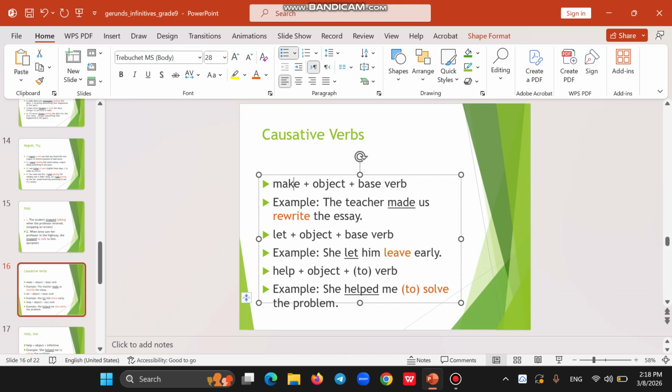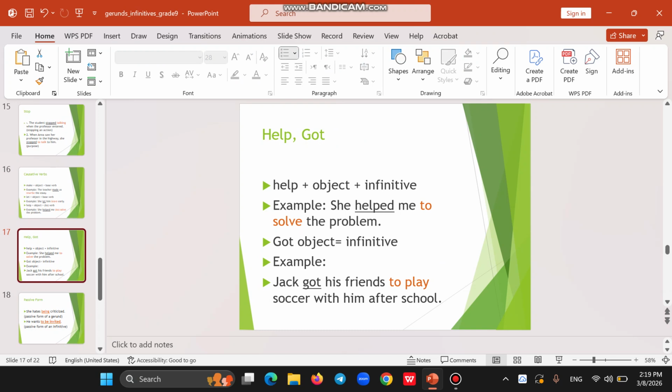After make and let, we cannot use a gerund or an infinitive. But after the verb help, we can use an infinitive. So here help plus object plus infinitive. She helped me to solve the problem.